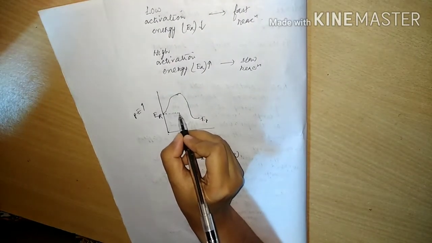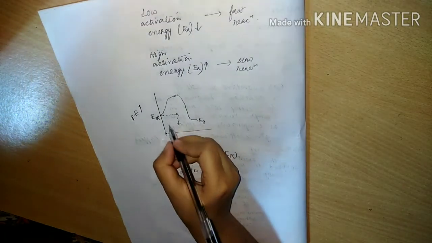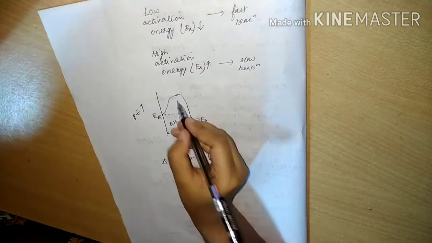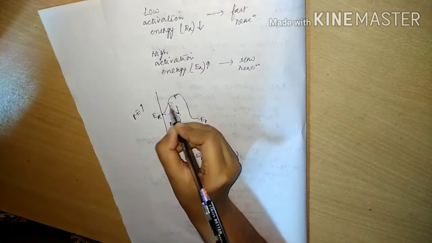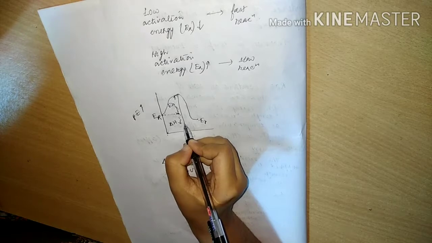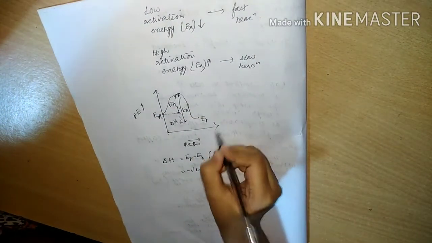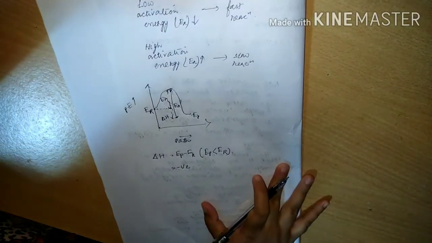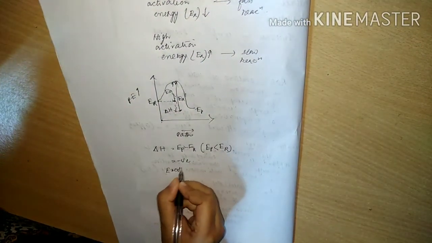This portion EP minus ER is the del H. And this portion is EA, and the full one will be the activation energy EA dash. So as del H is negative, it will be an exothermic reaction.